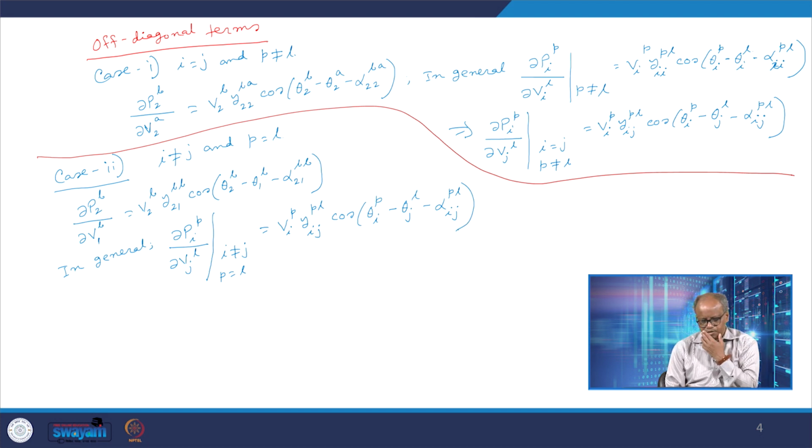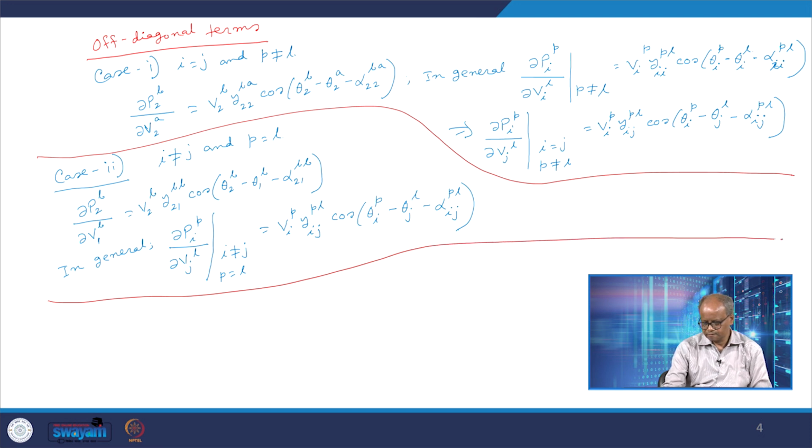Right, theta IP minus theta JL minus alpha IJ PL. So this is the general term. So this is case 2, right? So this is in general.